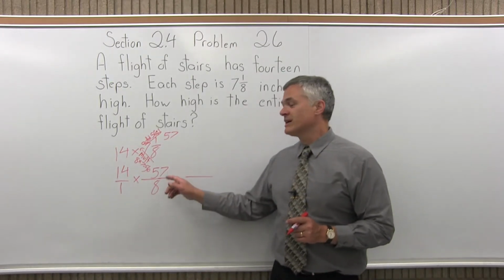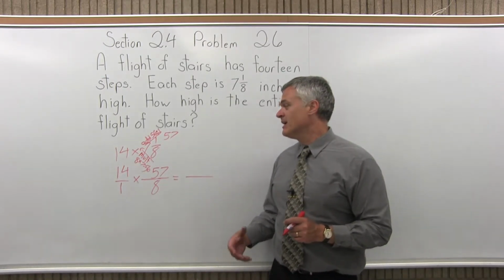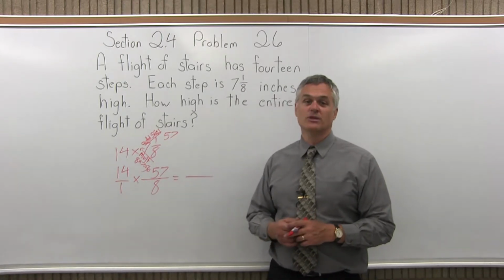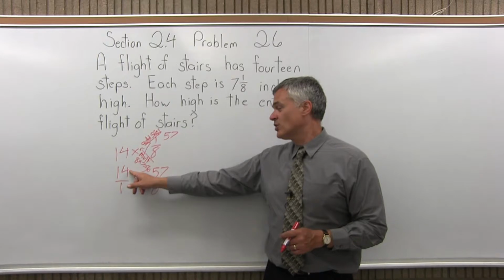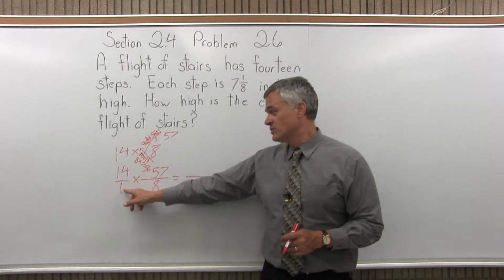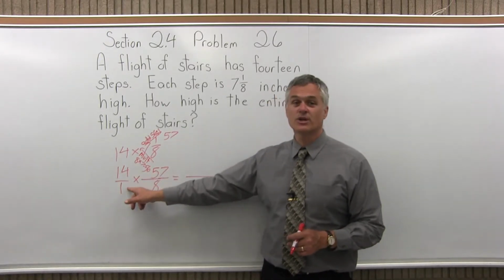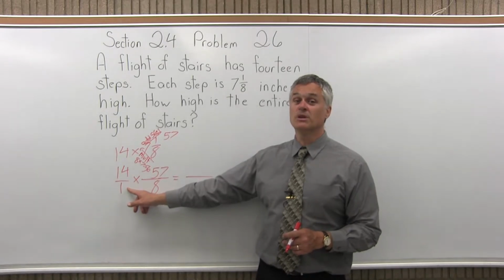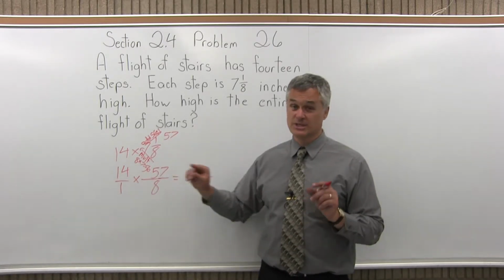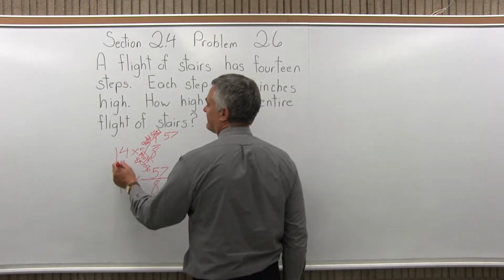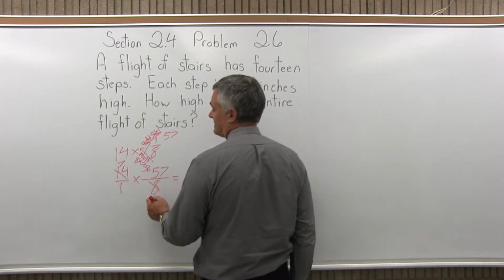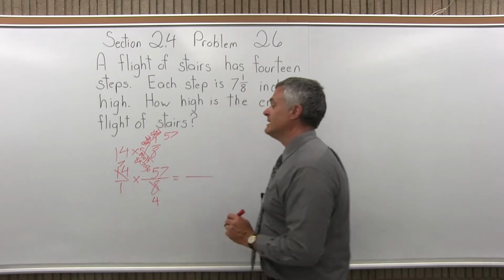Well, at this point I can see the numbers are fairly big, and it's nice if you can pre-reduce a little bit. And I can. Notice the 14 in the top, you want to see if it'll reduce with either the 1 or the 8. Well, the 1's not going to go, but the 14 and the 8 can both be reduced by 2. So it's going to make my numbers a little bit smaller. So 2 goes into 14 7 times, and 2 goes into 8 4 times.